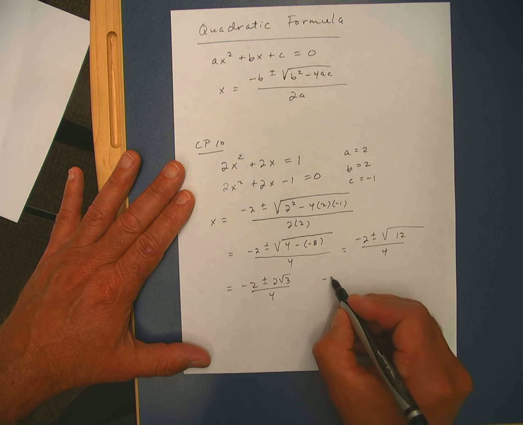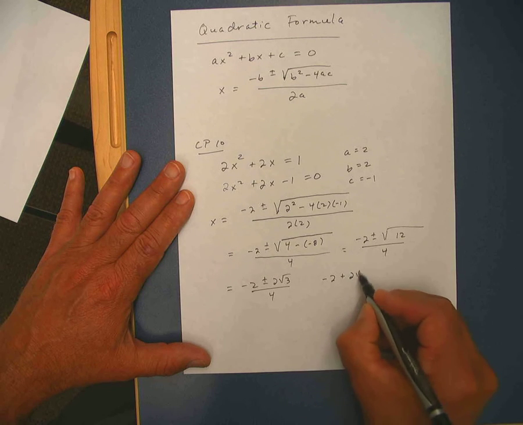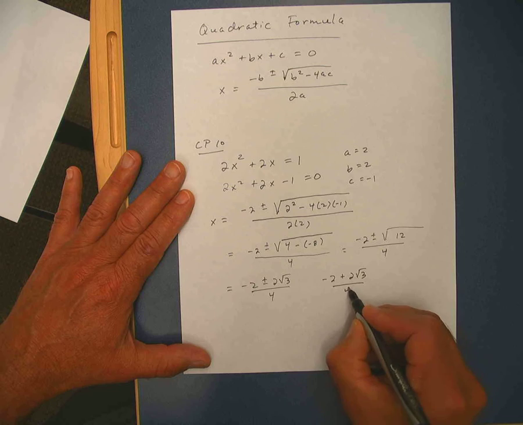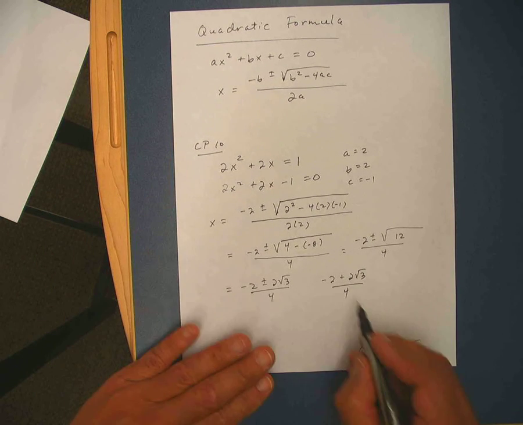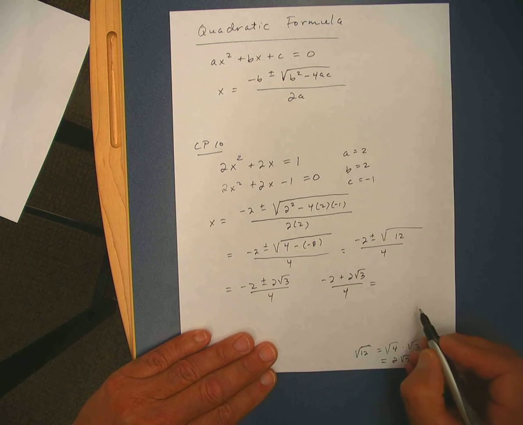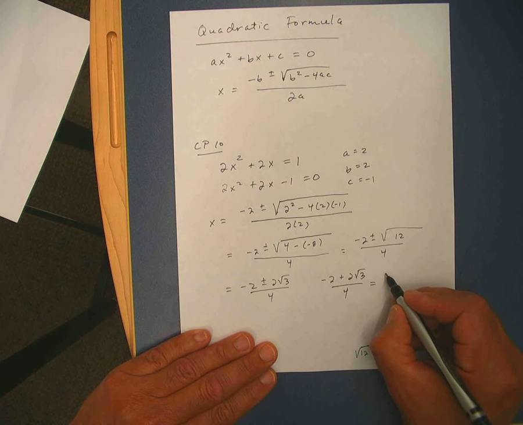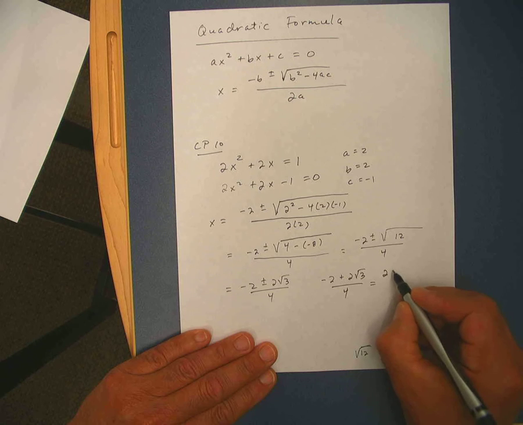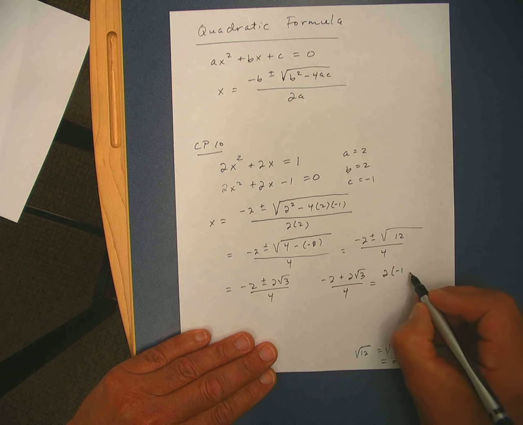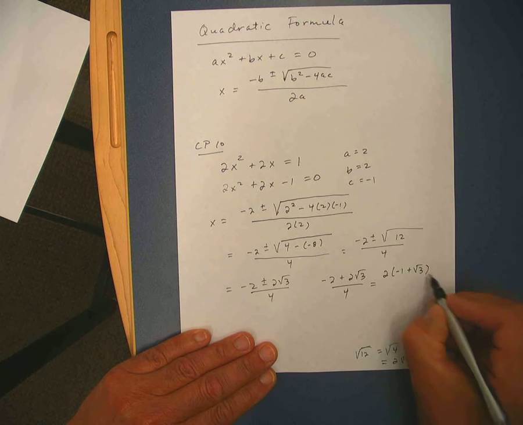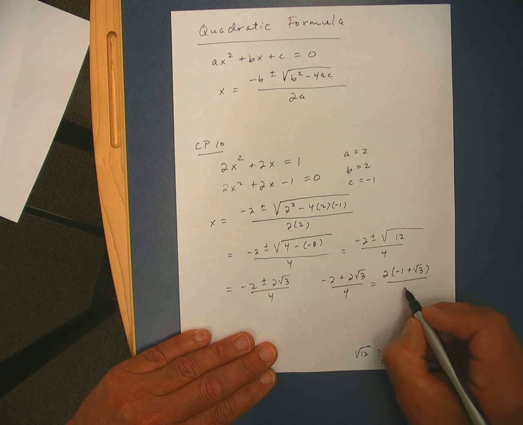So let's take negative 2 plus 2 times the square root of 3 over 4 and see if we can simplify that. I would factor a 2 out of the top. So let's factor 2 out, and we would have 2 times negative 1 plus the square root of 3 over 4.